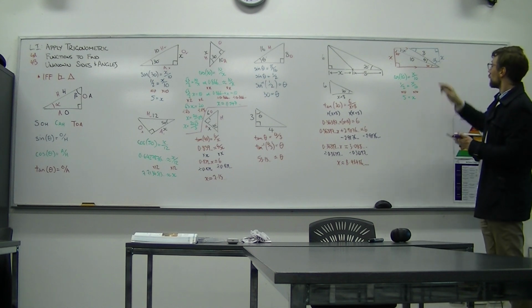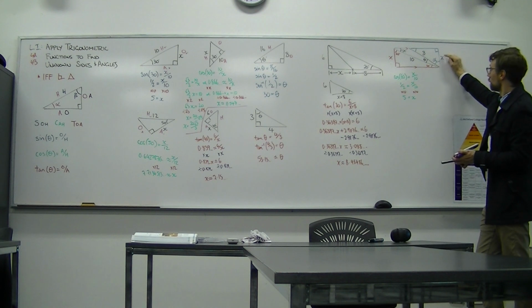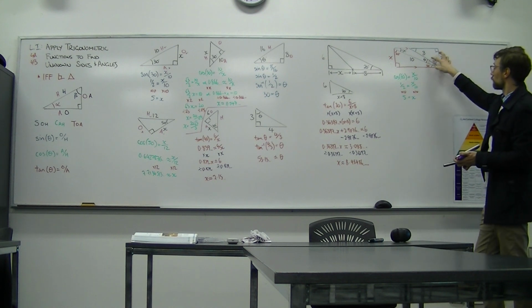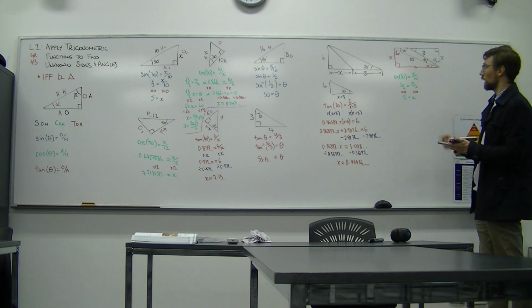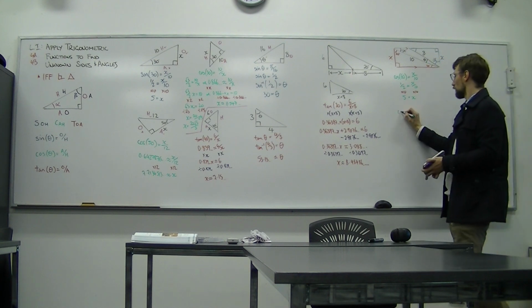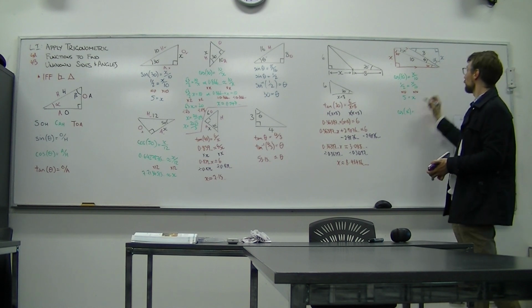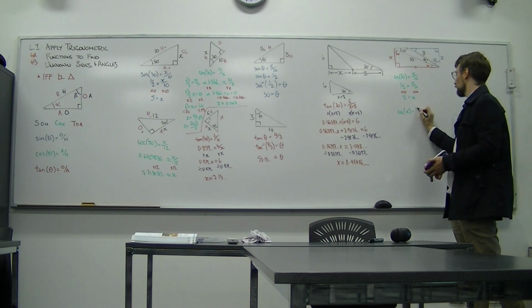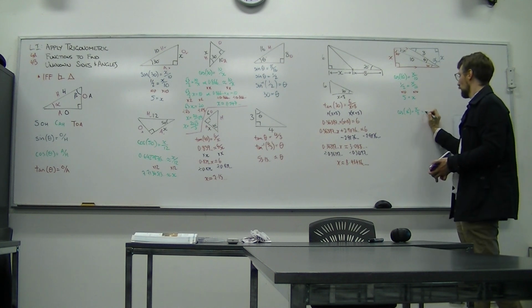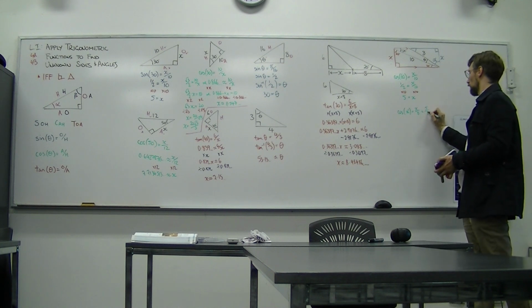Great. So I've got my x. Alright, well, I know that this is 8 and this is now a 5, so I've got two sides, I want the angle. Okay, this is the adjacent, this is the hypotenuse. Again, that's cos. So I've got cos of unknown angle this time equals a, which is x, over h, which was 8, but we know x was 5, so this is 5 on 8.